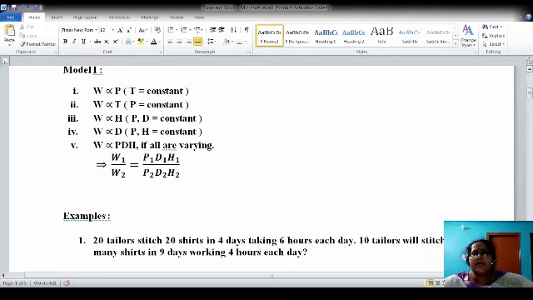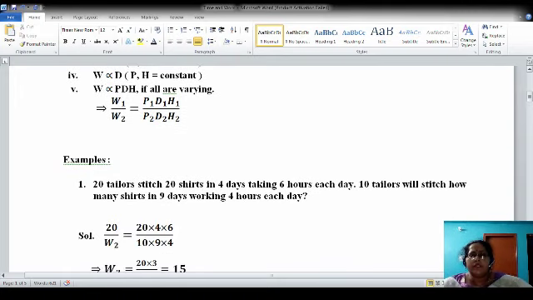this stitching of shirts, 20 shirts is stitched by 20 tailors. So that is the work done, the amount of work done is that 20 shirts have been stitched. And now the number of persons is 20 tailors in the first situation, the number of days is 4 and hours is 6. So if we make use of the formula here, W1 by W2 equal to P1 D1 H1 by P2 D2 H2, let us see what happens.